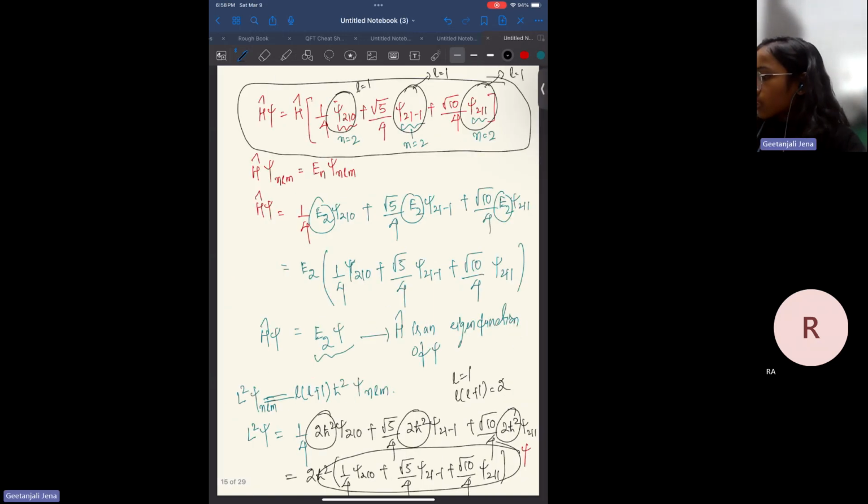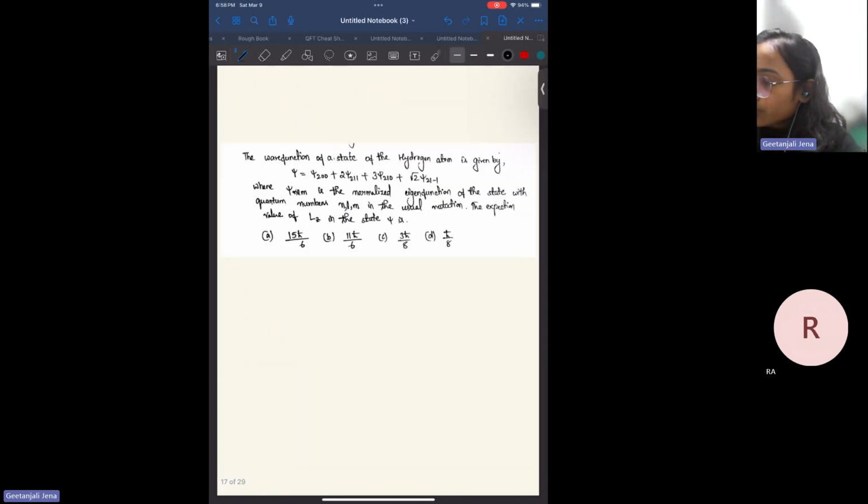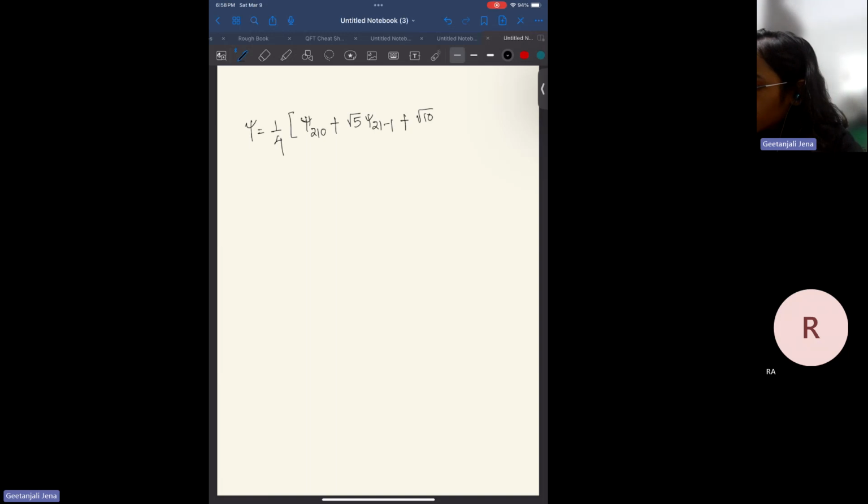So the shortest way to find out whether a state is an eigenfunction of H, L square or Lz, when you are given a superposed state, let's see what was given to us. It was given that psi is 1 by 4 psi 210 plus root over of 5 psi 21 minus 1 plus root over of 10 psi 211.